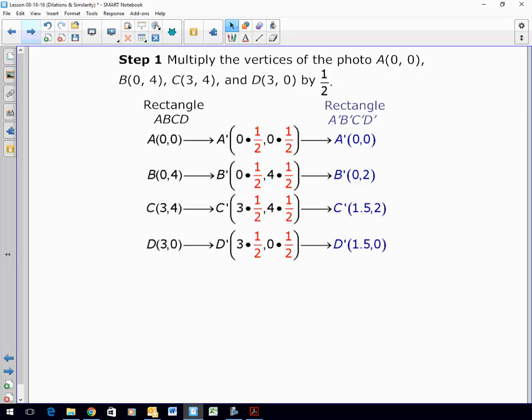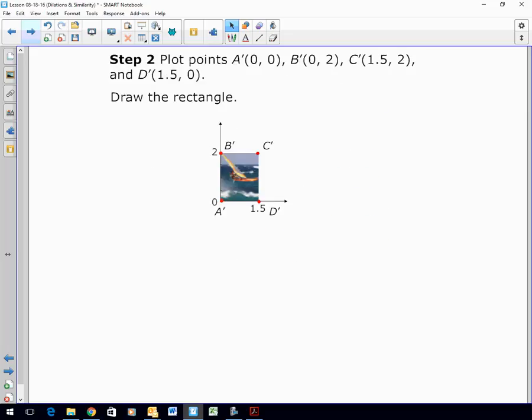Guess what our similarity ratio would be here? 1/2, right? Got me? Okay, that's the whole concept. We got to tie all of those loose ends up. Okay? Then what would I do? I'd plot it. Okay? And I could see in a coordinate plane the reduction that takes place in that particular rectangle.